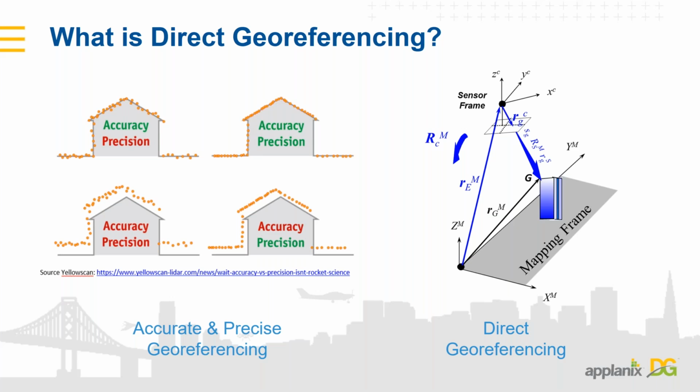We also have a correction system, an augmentation solution that we use to correct the data, i.e. take that data from the meter level down to a couple of centimeters on the ground. And if we have calibrated our sensors correctly and calculated and measured our lever arms, then we can use mathematics to place the LiDAR points or the pixels on the ground exactly where they should be without the need for ground control points, which kind of brings me to my next slide here.